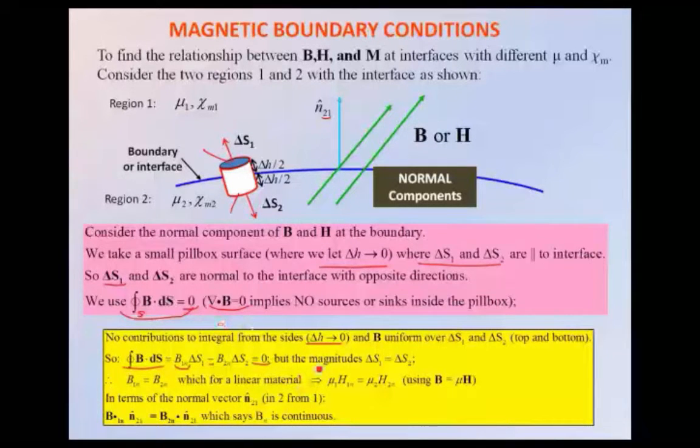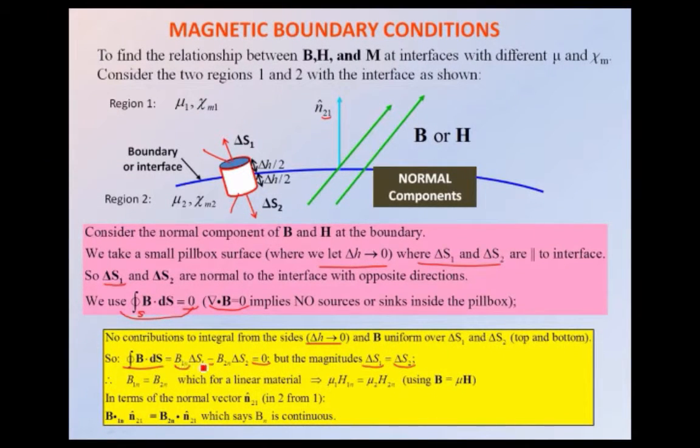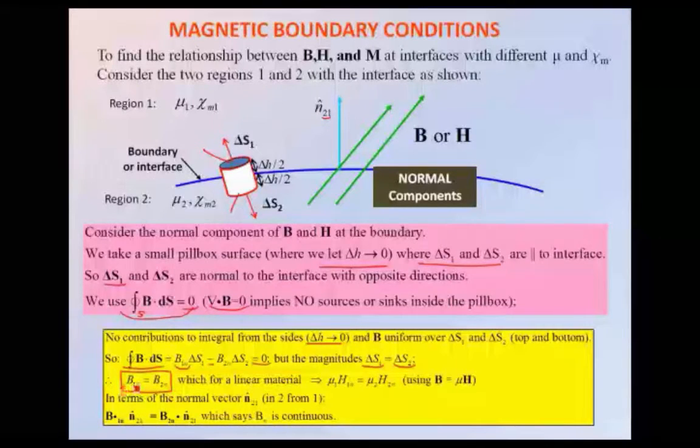The way the pillbox works, this area up on top and this area on the bottom are equal to each other. So that means we can just divide by a delta S so that this cancels, and we are left with the normal components of B. So this right here really is the boundary condition that gets us started. It just says that the normal component of B is continuous.